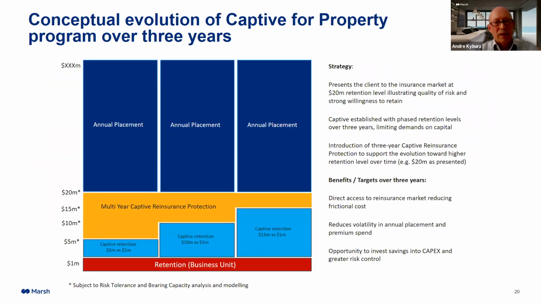Another conceptual idea, this is basically the evolution of a captive in a property program over a space of maybe 3 to 5 years. And this one is where the captive starts off retaining some risk at the bottom end. But we see, for example, that those first 20 million are overpriced and cost a lot of money.